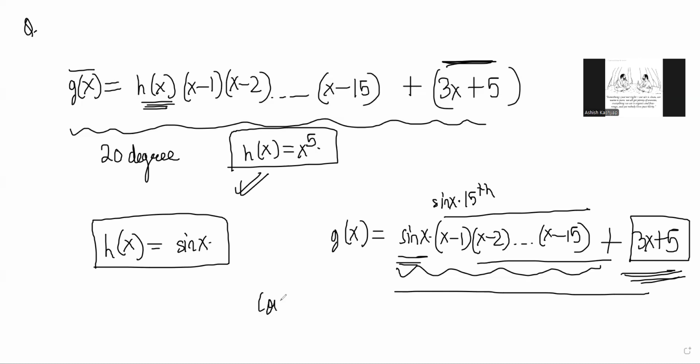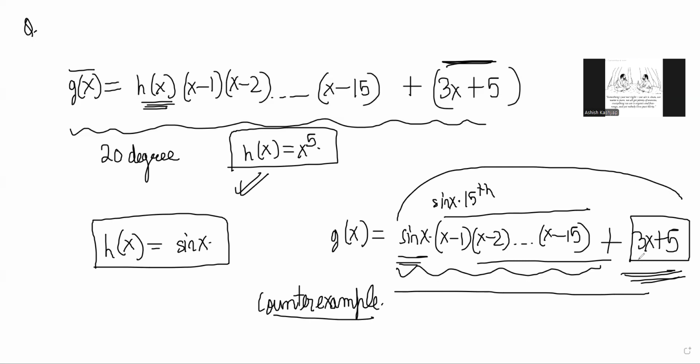This is a counter example where the function is still satisfying all the values. The function is differentiable, but it is not a polynomial anymore. If I had put x power 5, it is a polynomial. But if I put sin x, it is not going to be a polynomial anymore.